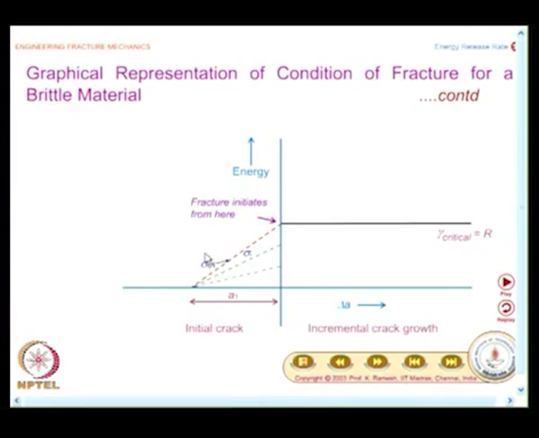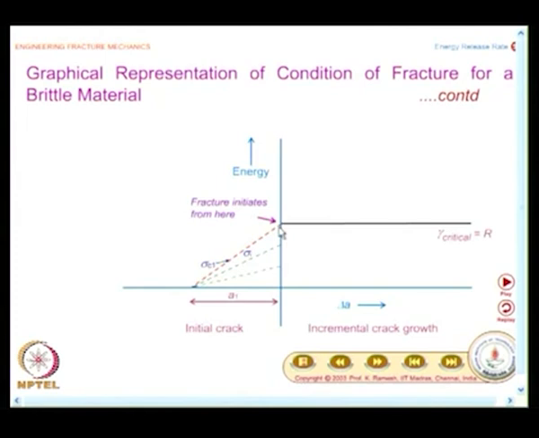And what happens for this critical stress? The value of G is equal to R. So, this indicates the point of instability, and we have looked at great length the role of constant load as well as constant displacement, and said in both the cases the energy availability is the same as long as the incremental values are small.